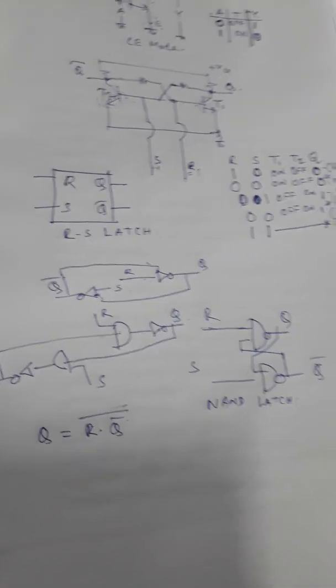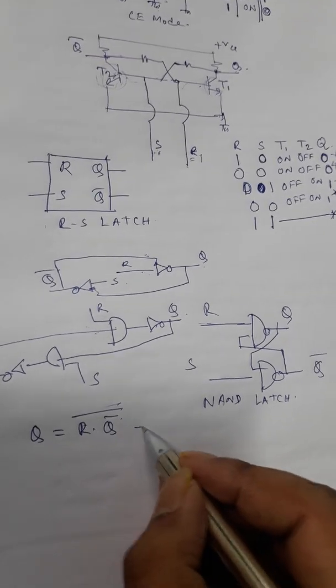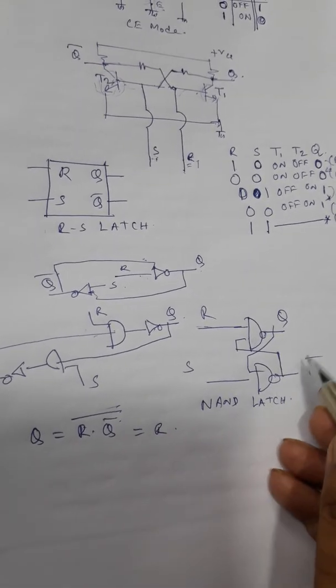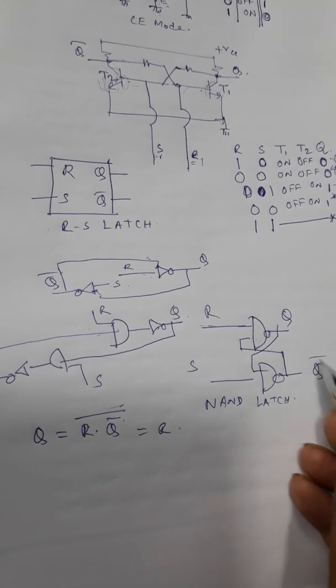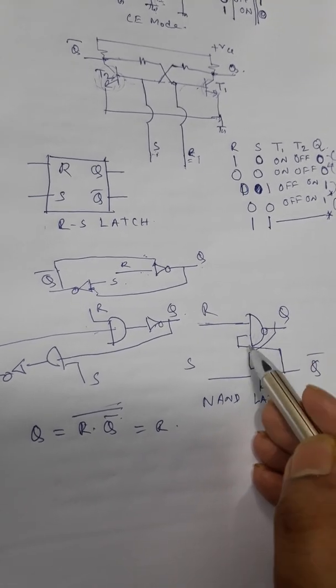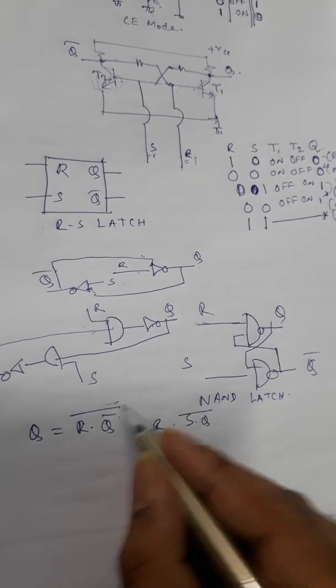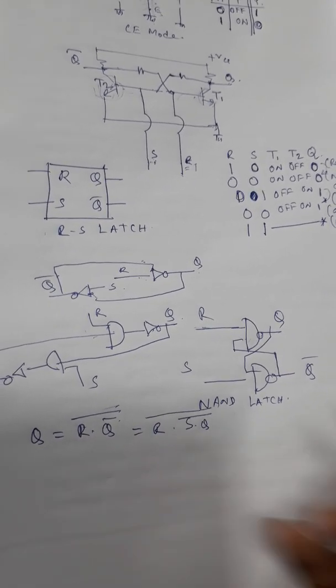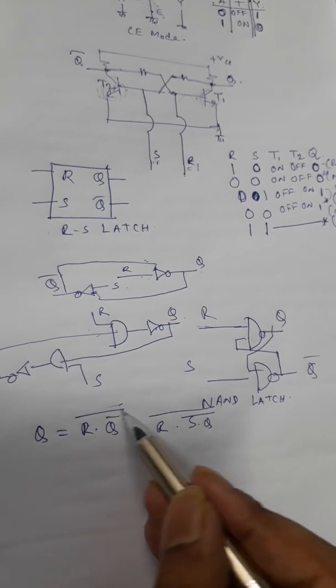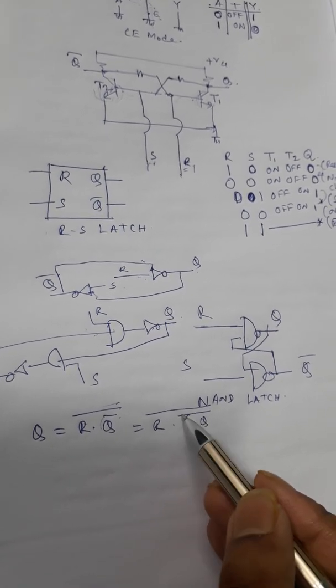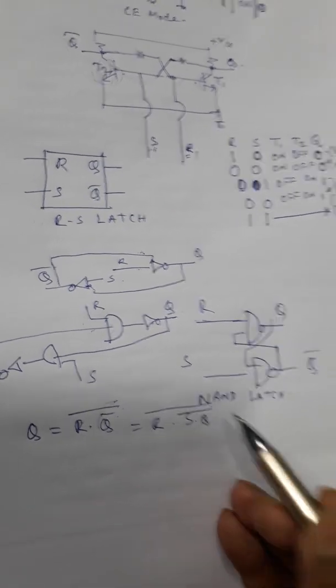So this will become NAND, right? Now R dot, what is Q bar? Q bar is S dot Q, right? S dot Q bar, and this bar will remain. So in place of Q bar we have written S dot Q whole bar. Fine.